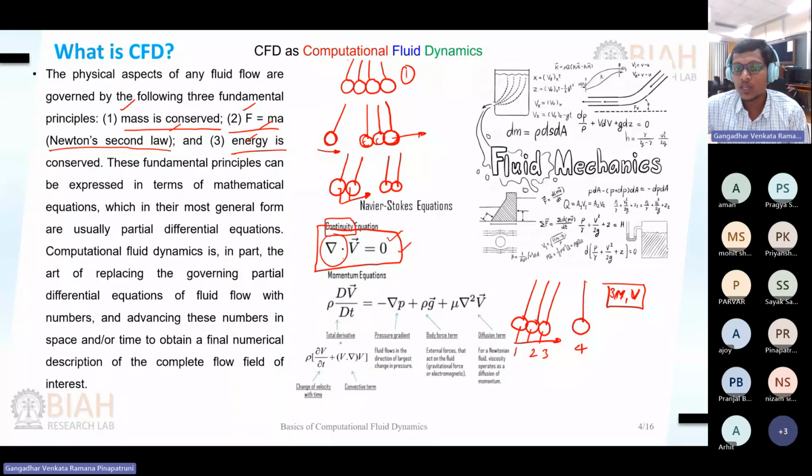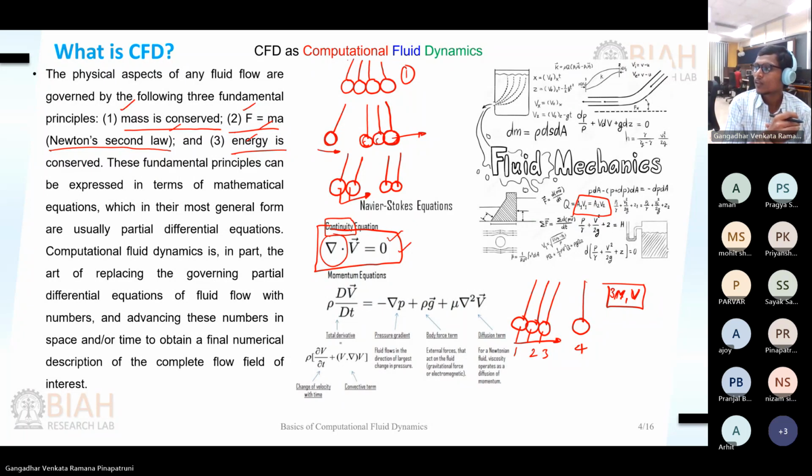From these complex partial differential equations, we got a simplified equation: A1 V1 equals A2 V2. Someone was telling, I guess Sayak or Nijam, that mass conservation means if you take one cross section A1 and another cross section A2, the amount of mass at A1 and A2 is the same. Who gave that answer about mass conservation?